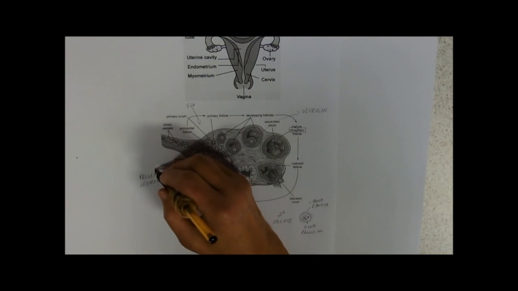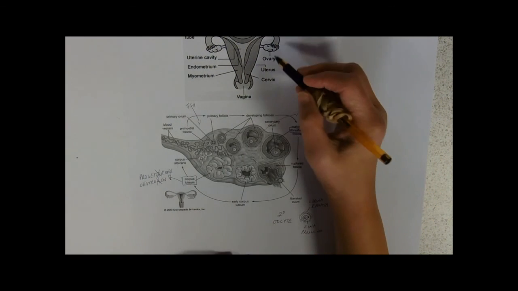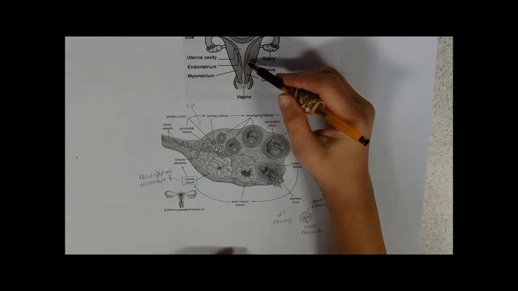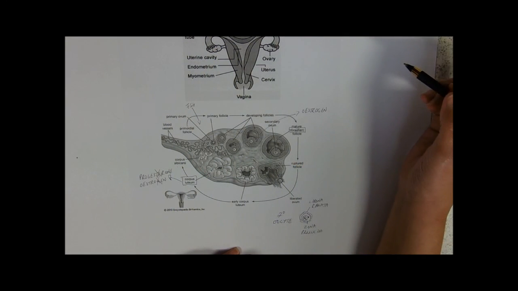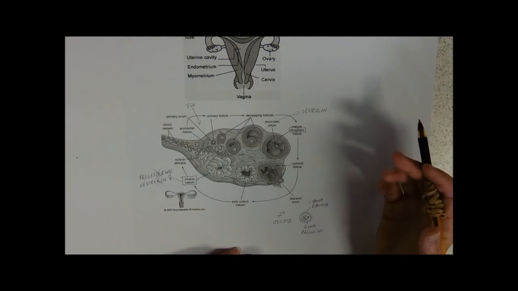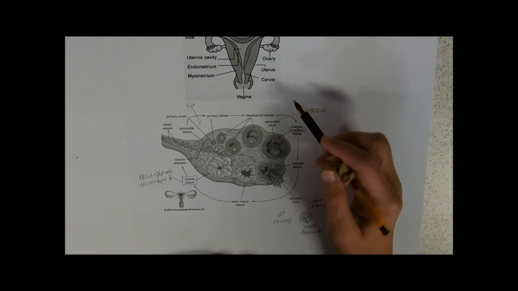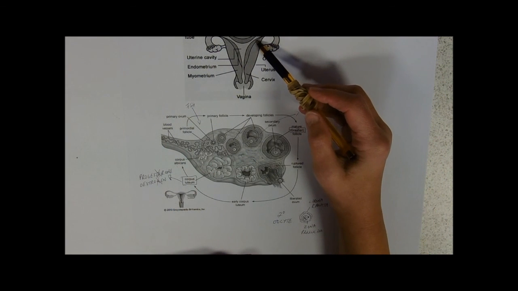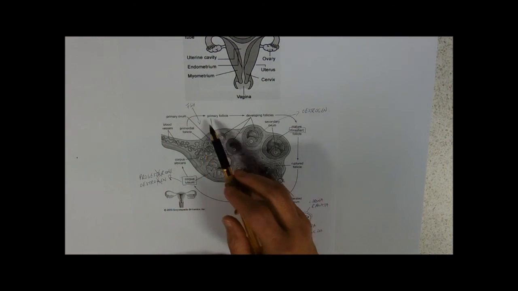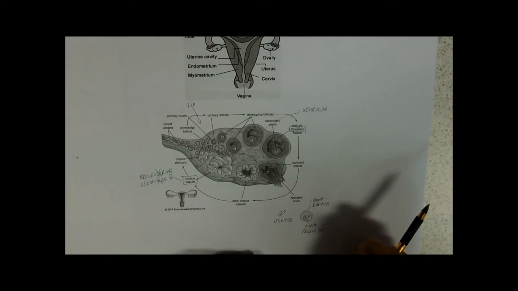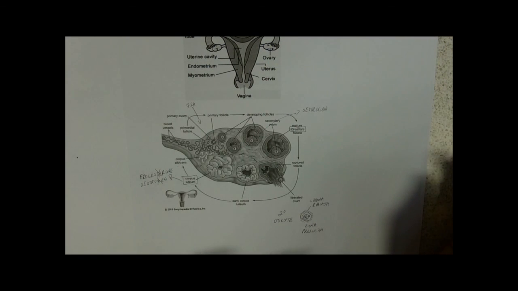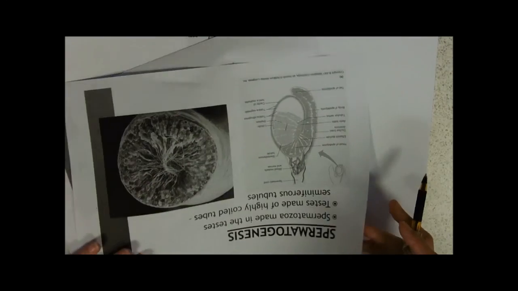Once it disappears, it no longer makes those two hormones, and that means that this lining is no longer maintained, and so that's shed out through the cervix and vagina, and then the whole thing starts kicking off again. In fact, simultaneously with this shedding, the FSH starts another follicle. Oh, failed that time, let's get another one going. So I hope that makes a bit more sense, and see you next time.